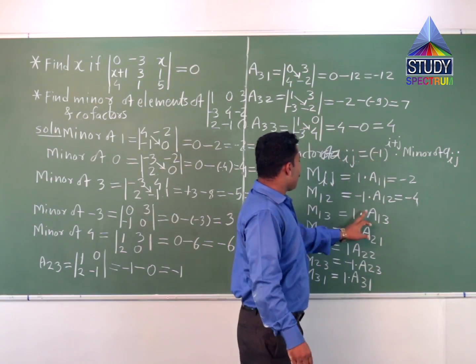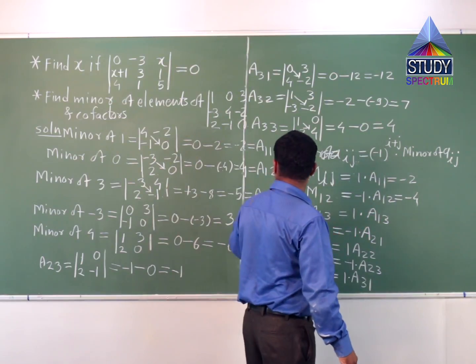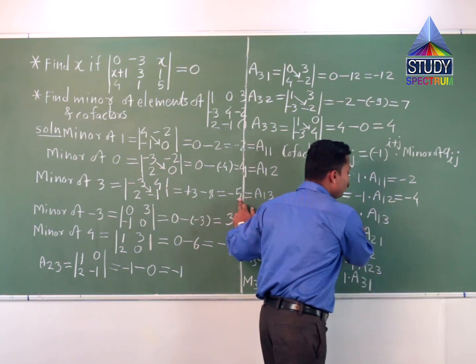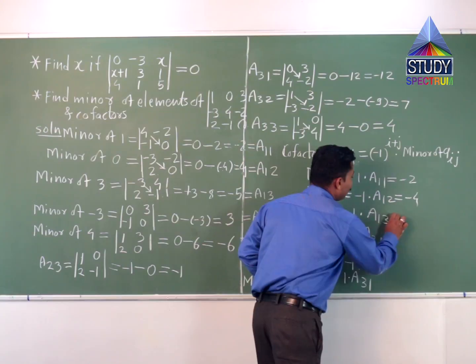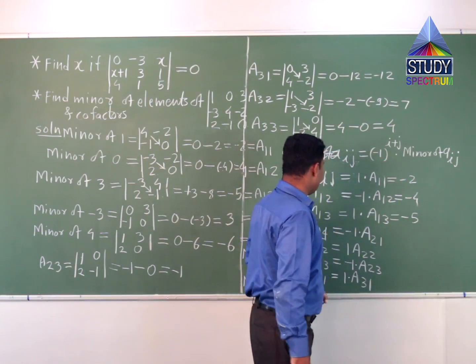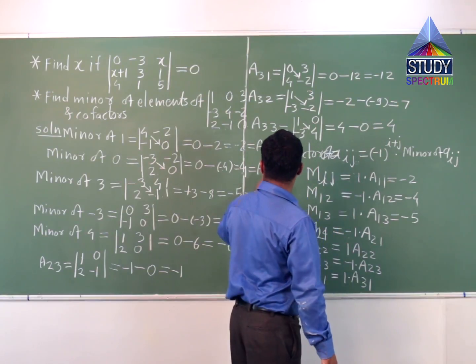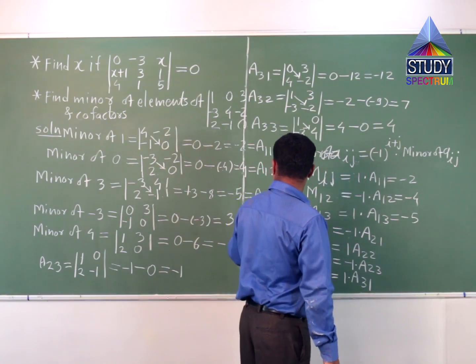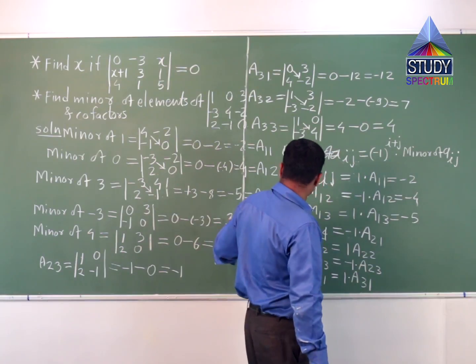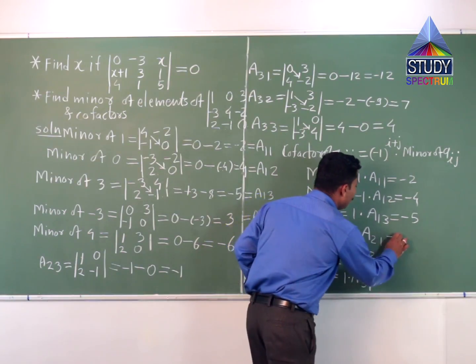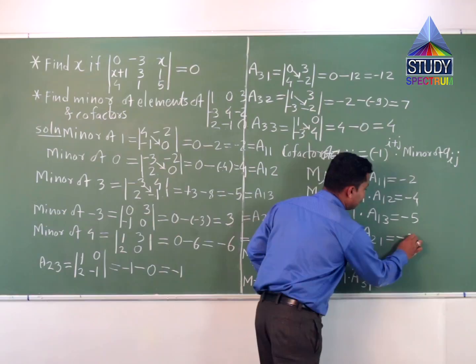Here is 1 into A13. What is A13? -5. So -5 into 1 is -5, that number as it is. A21 into minus 1 means negative. What is A21? 3. But here it is minus, so negative, plus 3 becomes -3.